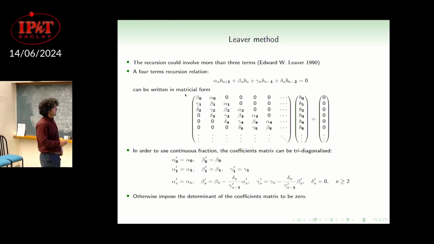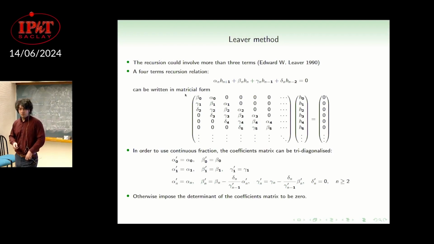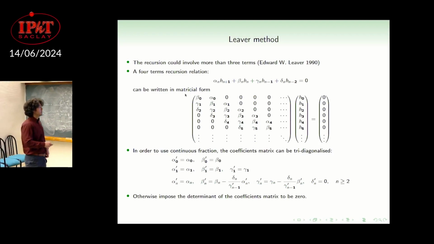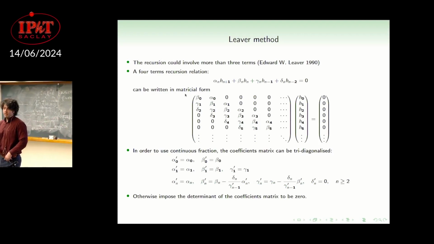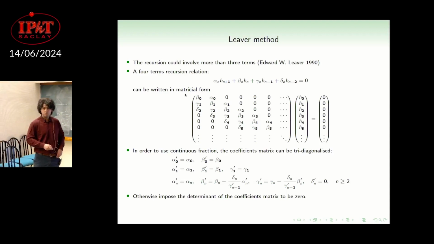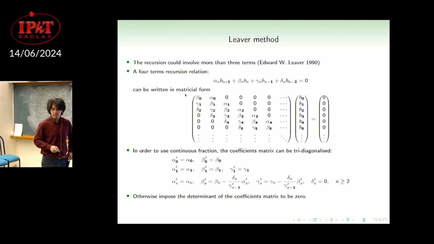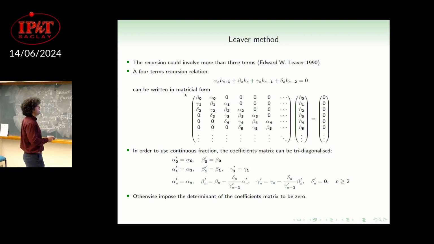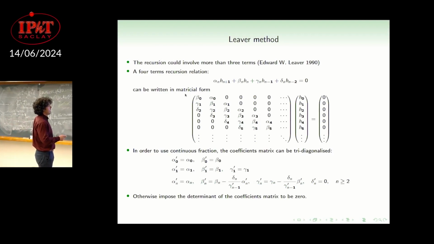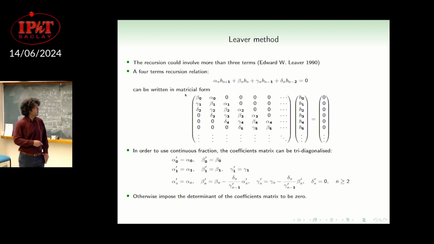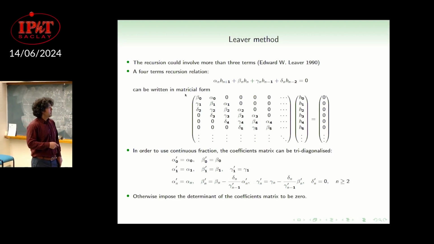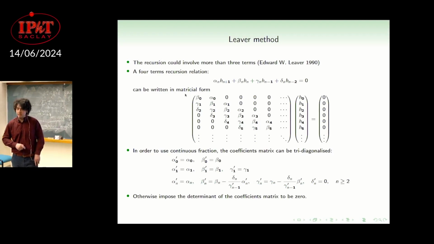Here I would like to discuss the case with 4 terms in the recursion relation, because it's relevant for what I will say about the vectorial and gravitational perturbations in topological star geometries. Okay, so this is a 4-term recursion relation. And this can be rewritten trivially in the form of a matrix equation. Okay, like this.